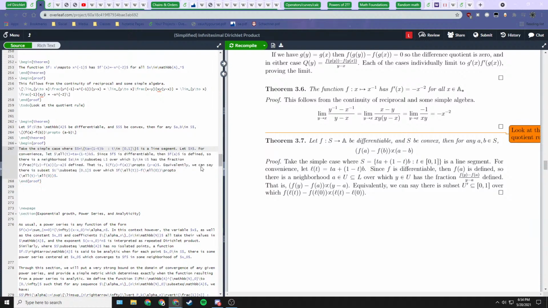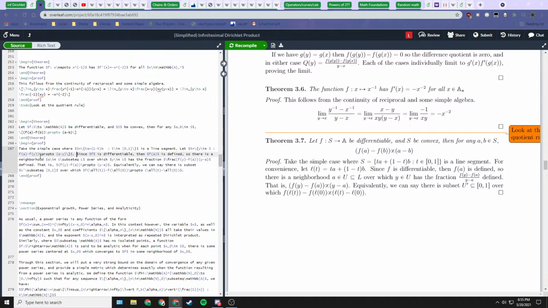Let X be a subset of S defined by X is the set of y in S such that this proportionality is true, but with a here and y here.